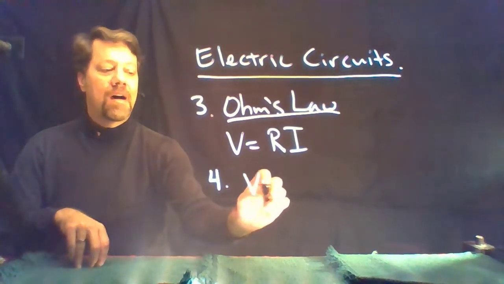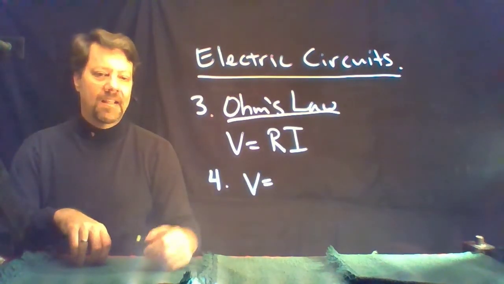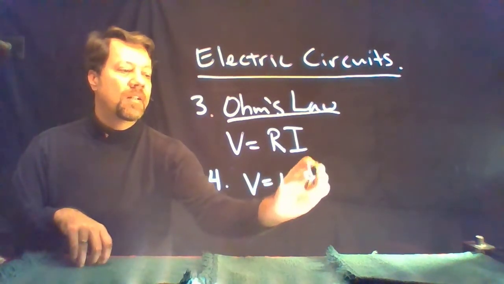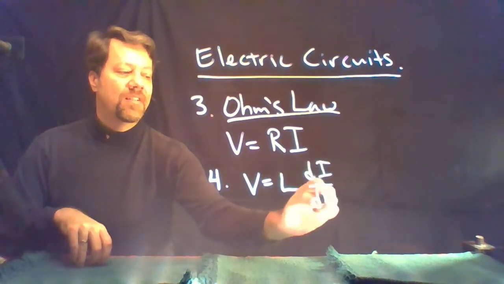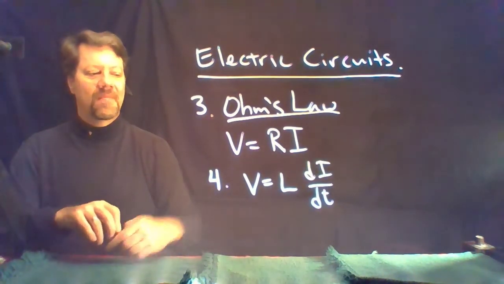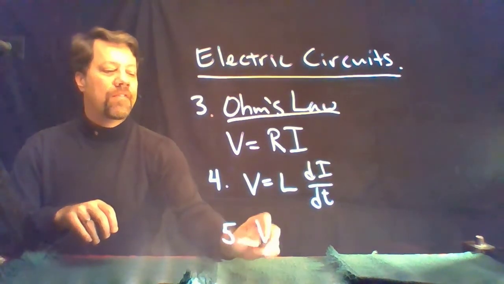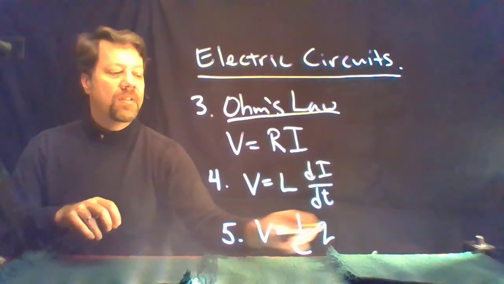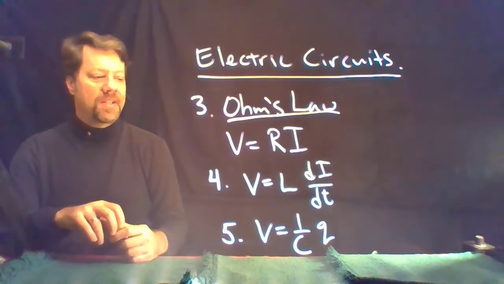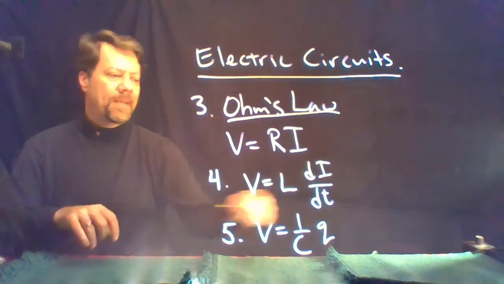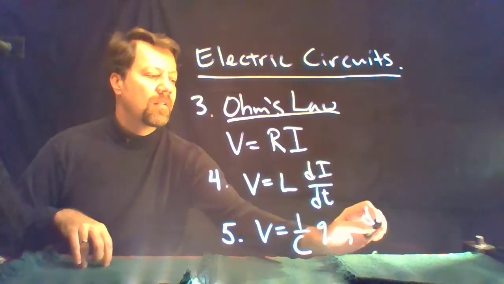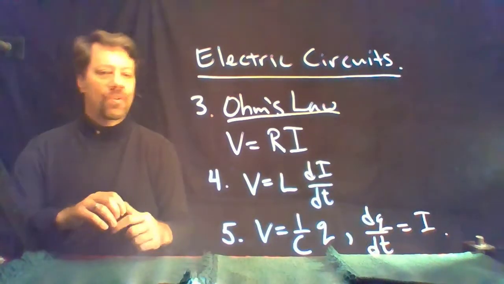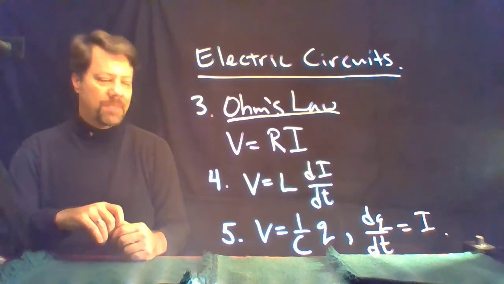The voltage drop across an inductor is proportional to the rate of change of current. And finally, the voltage drop across a capacitor is a constant times the amount of charge on the capacitor. Here, we'll suppose that the rate of change of charge is equal to the current I, measured in amps.